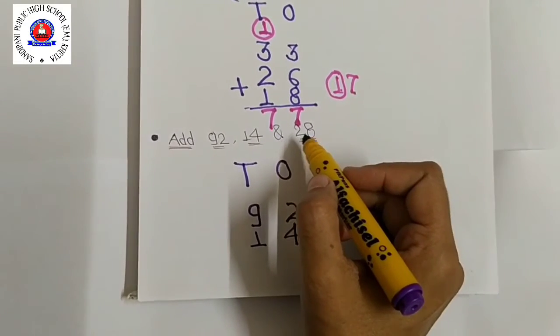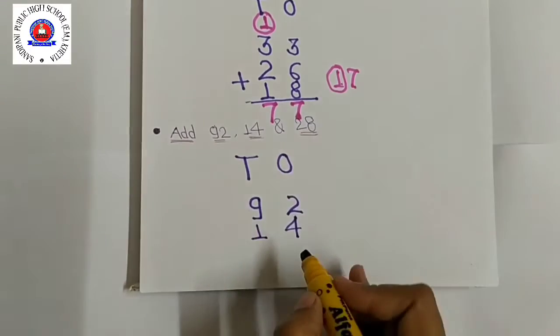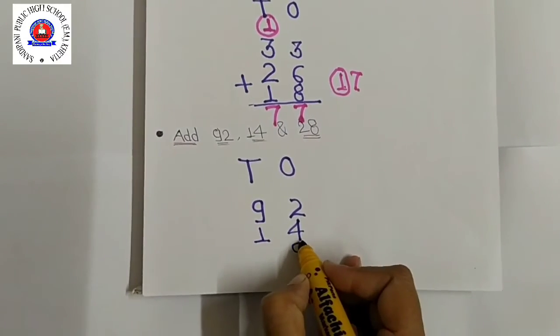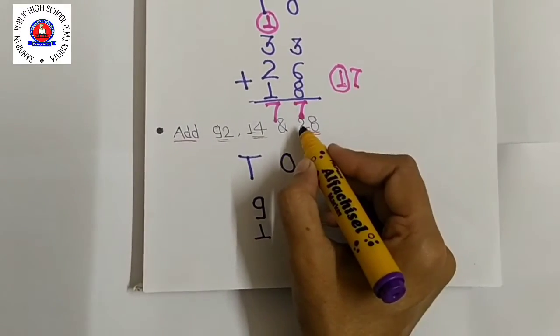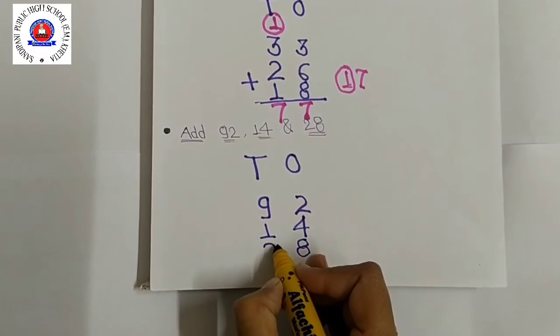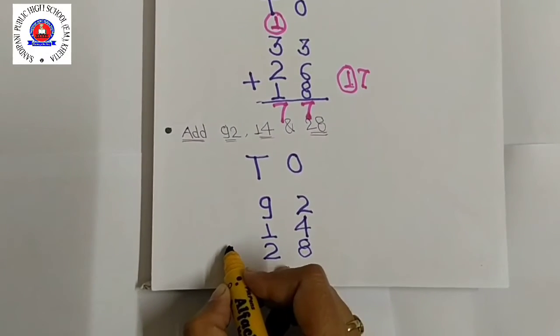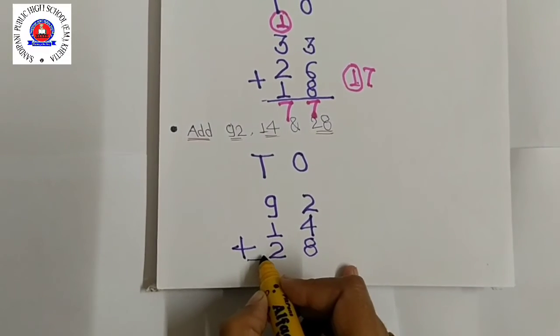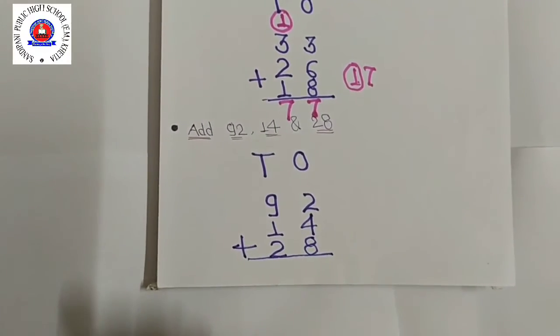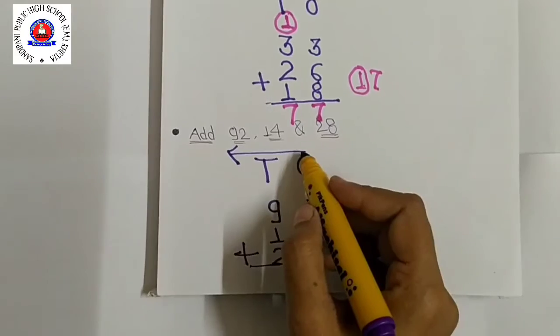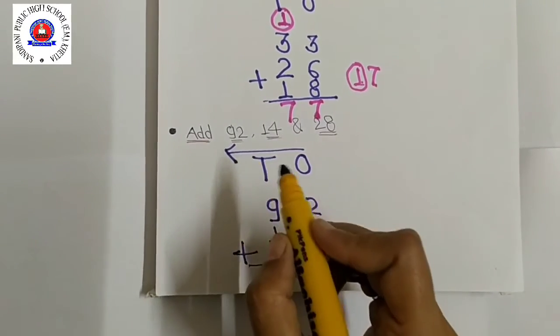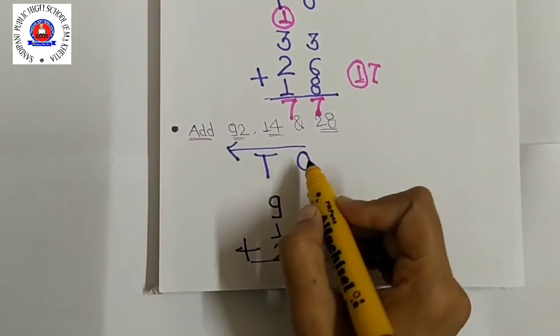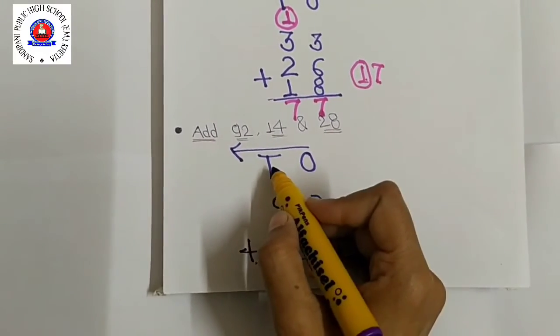And in 28, 8 is written in the ones column and 2 in the tens column. And put the plus sign. This arrow is indicating we should start addition from ones, then move to tens.